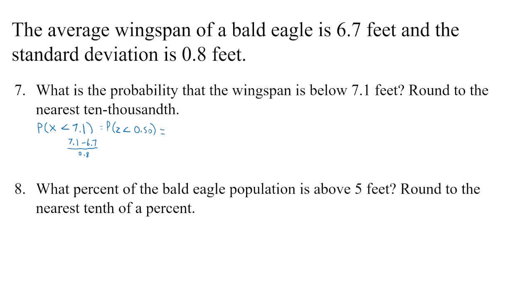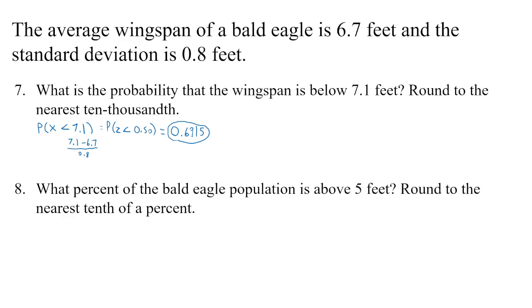So now we're going to look in the z-table for 0.50, and you would get 0.6915. Therefore, the probability that the wingspan is below 7.1 feet is 0.6915.